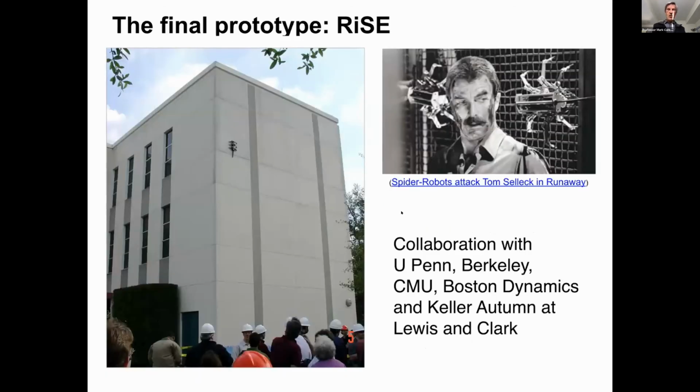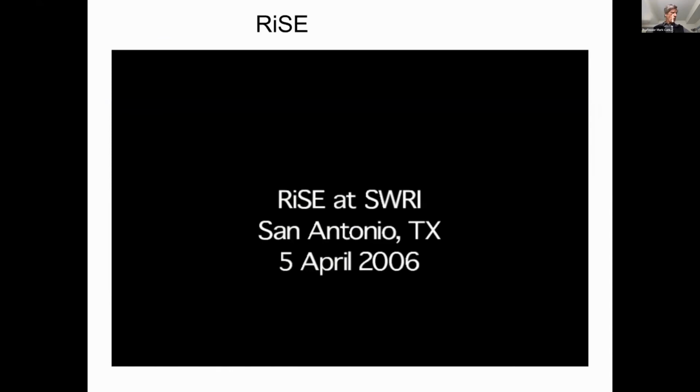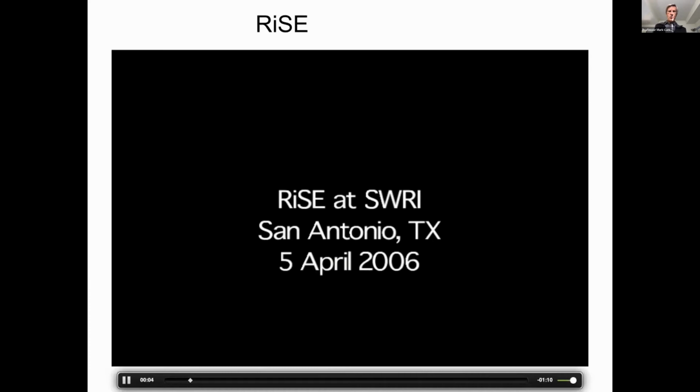And ultimately culminating in the RISE robot, which was a collaboration with UPenn, Berkeley, Carnegie Mellon, Boston Dynamics built most of the robot, and Keller Autumn at Lewis and Clark. It was as close, I think, as DARPA actually got to the spider robots in the movie Runaway. And we're almost out of time, so I'll show just a moment of this, the RISE robot at Sword.